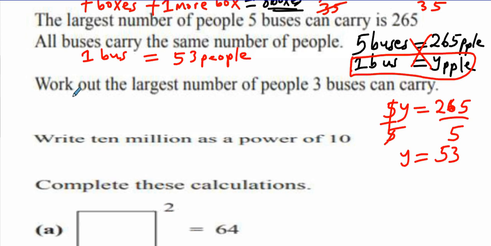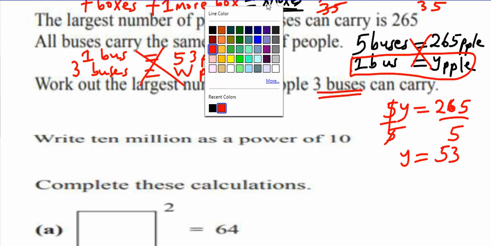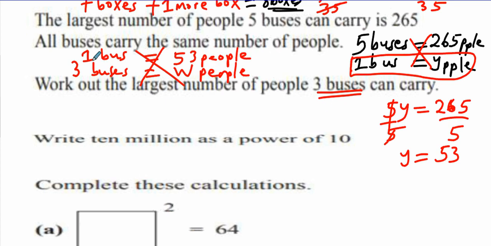Now what is the question? Work out the largest number of people 3 buses can carry. Because we already know one bus can take 53 people, how about 3 buses? We'll take, say, W people, because for something you don't know, you put a letter, any letter. So cross multiply from here. 1 times W equals 3 times 53.